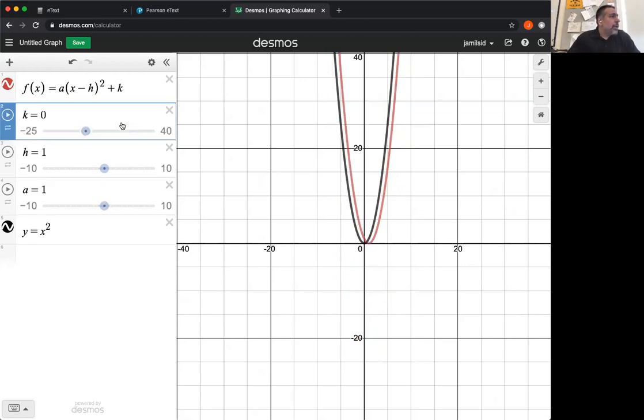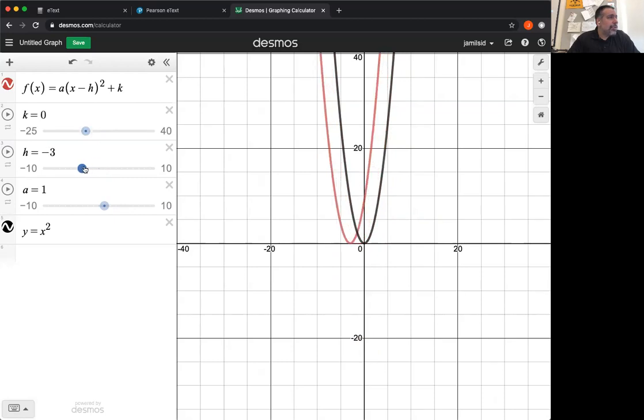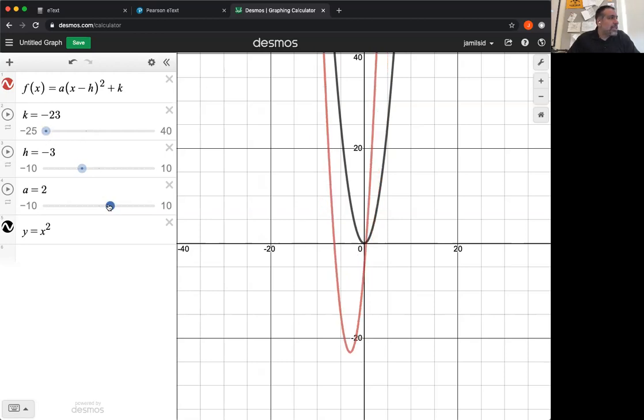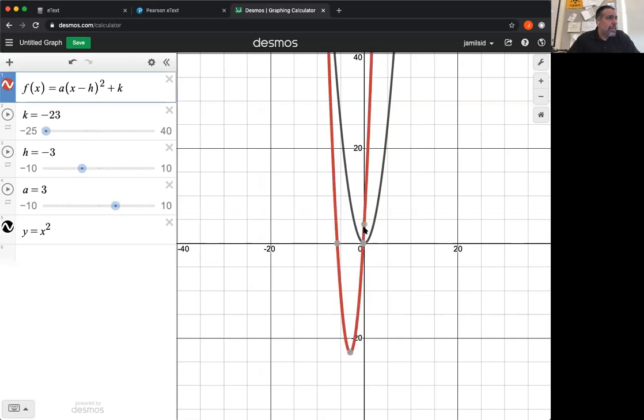So now we started at 0, 0, and there it is at 0, 0, and I'm going to move it again. My h value is negative 3, so there's over 3. We see it moving to the left. My k value is negative 23. We see it moving down all the way to negative 23. And now the A value in this case was 3. So that's actually going to make this parabola much skinnier. So we're going to make it 3. Okay. If we come over here, let's see if I can click on this and you can see there's that y-intercept I told you about, 0, 4.